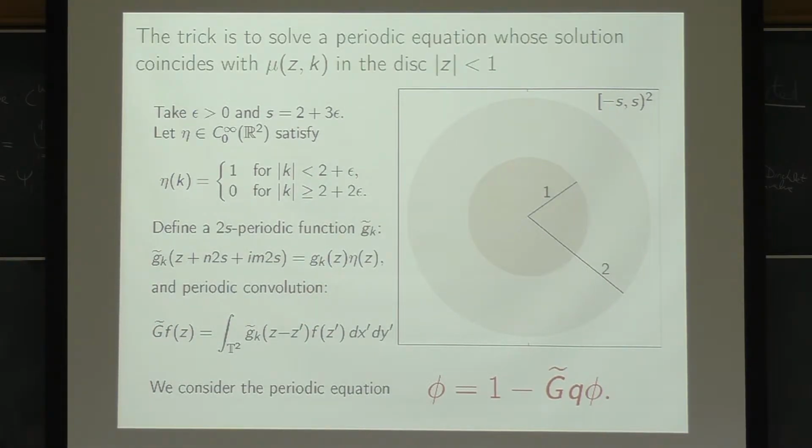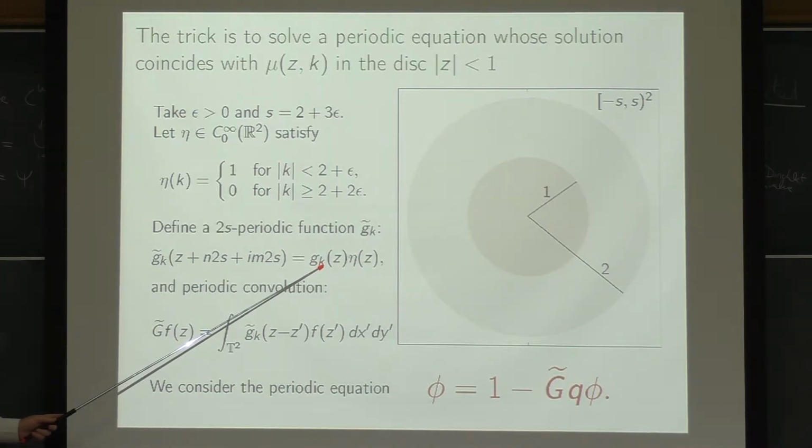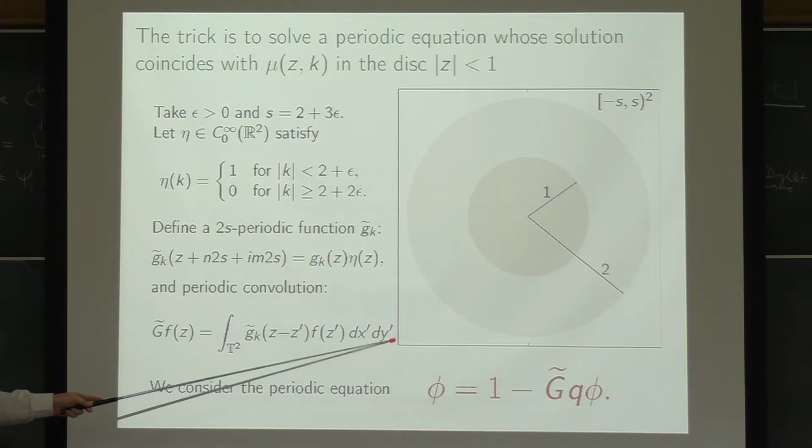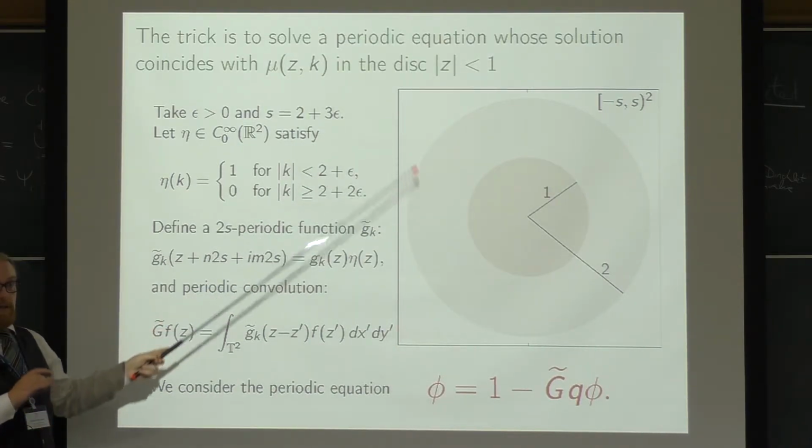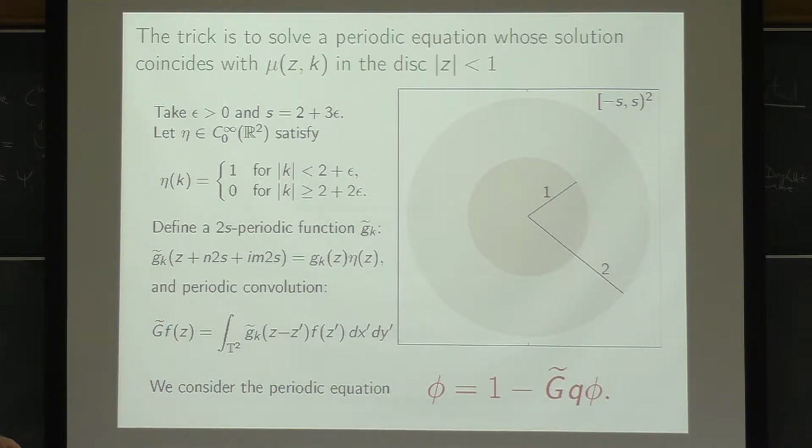And then we define a truncated Green's function, and we make everything periodic. This is the basic idea in Vainikko's method. We tile the space with these squares and start to think about periodic functions.